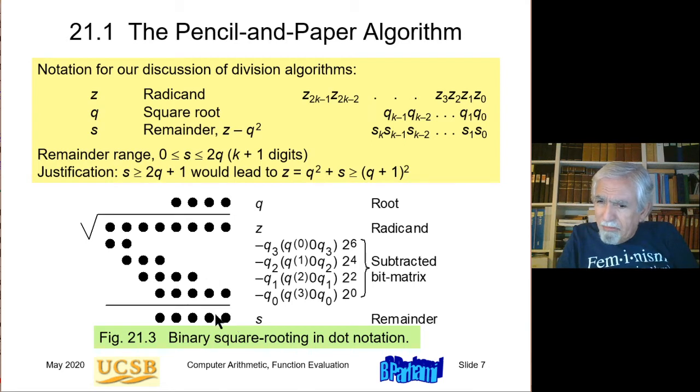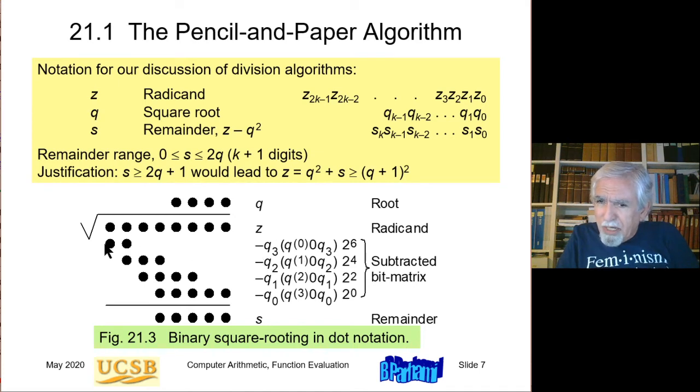I arrive at that final remainder by subtracting stuff from this radicand z. Very similar to division in a way. And the stuff that I'm subtracting are these values shown here. Now these will make more sense after I present the pencil and paper method and then justify them. So for now, let me just explain what this notation means without justifying it.